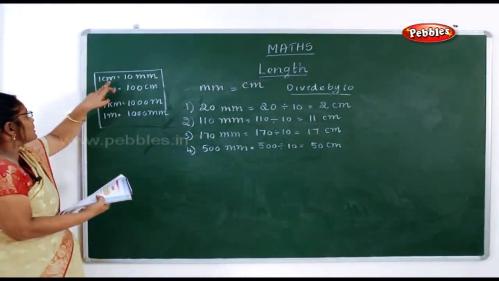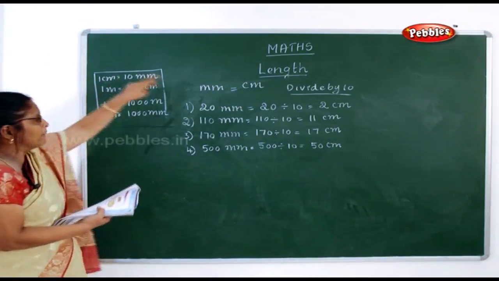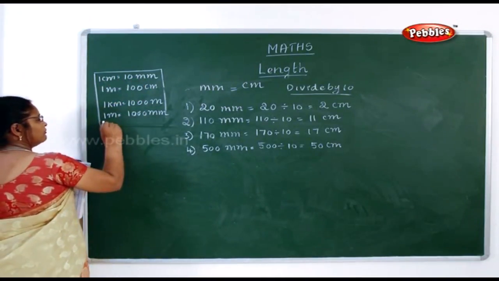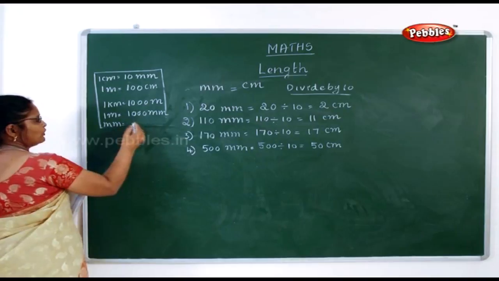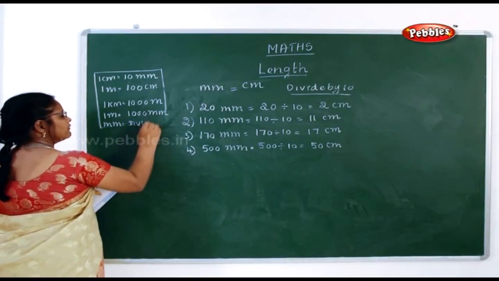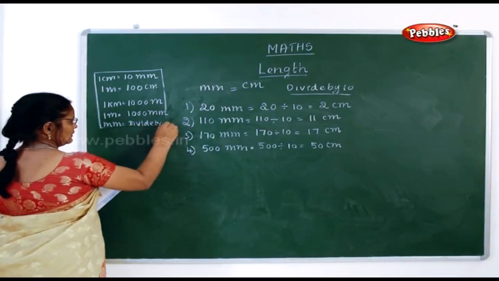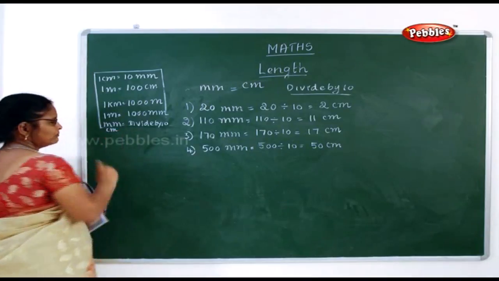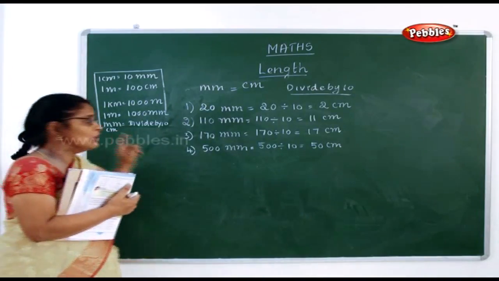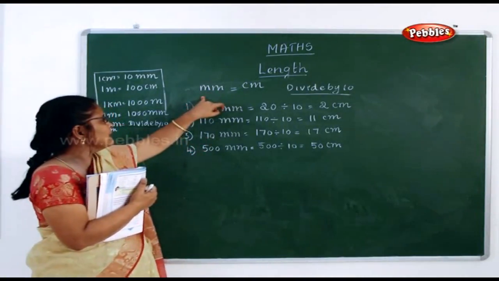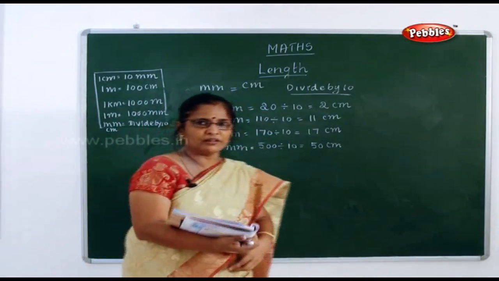When you want to convert centimeter into millimeter, you are multiplying. So now I'll write here millimeter is equal to centimeter. How will you convert? You have to divide by 10. Converting millimeter to centimeter, this is how you have to do it.